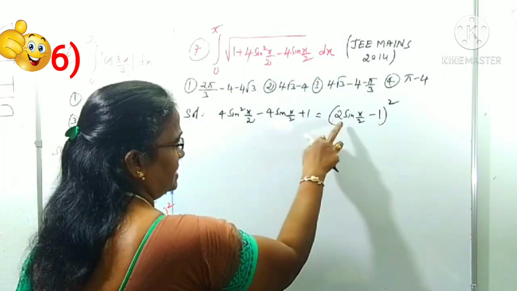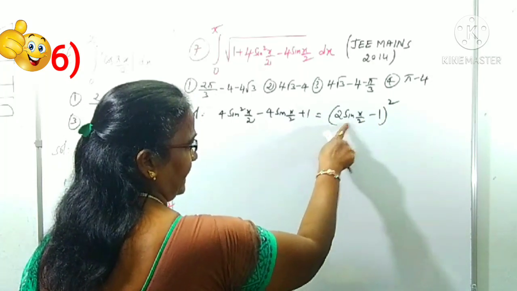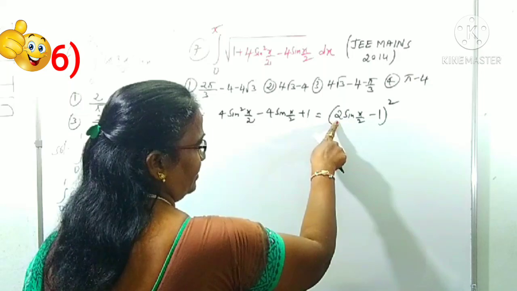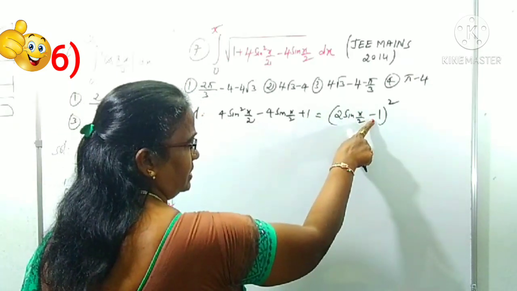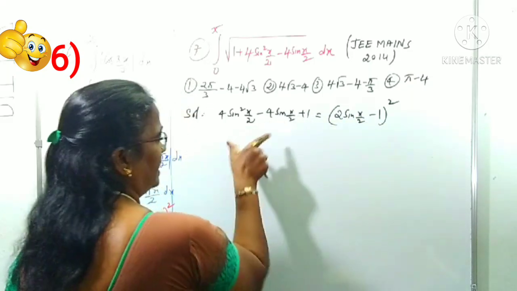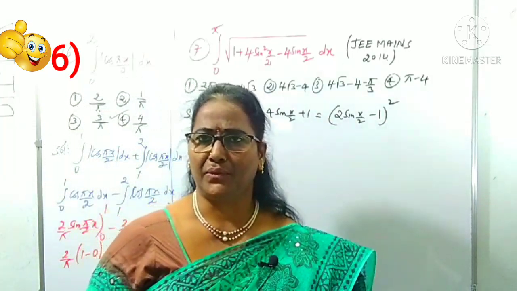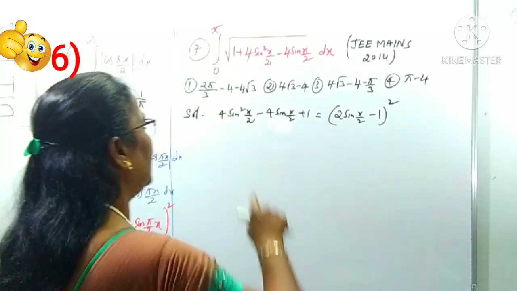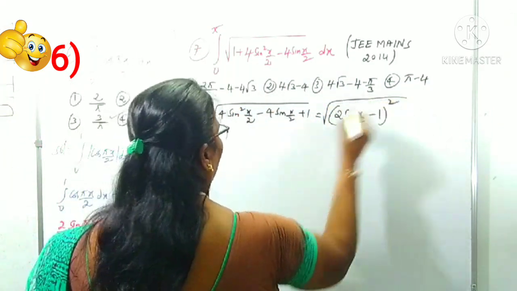Tell me what is the expansion of this? a square, that is 2 square, 4 sin square x by 2, minus 2ab, 2 into 2 is 4 sin x by 2, plus b square is 1. Therefore, we can write this simply as 2 sin x by 2 minus 1 whole square. And here there is also a square root, so I am writing the square root. Right?